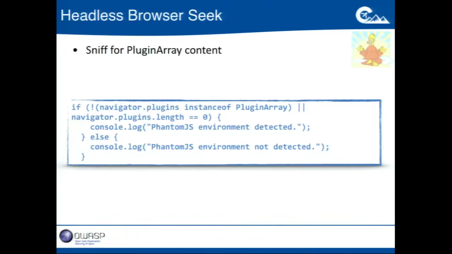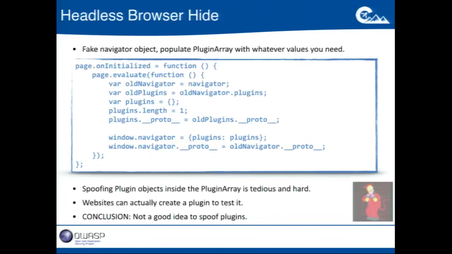You cannot actually just change the length of it. So this is what we do. We create new objects and set the thing we want to change, like plugins.length equals 1. Then we change the prototype of the object to the prototype of the original object. Then when you check whether navigator is an instance of Navigator, you know what I'm saying, right? So that will actually pass his test.